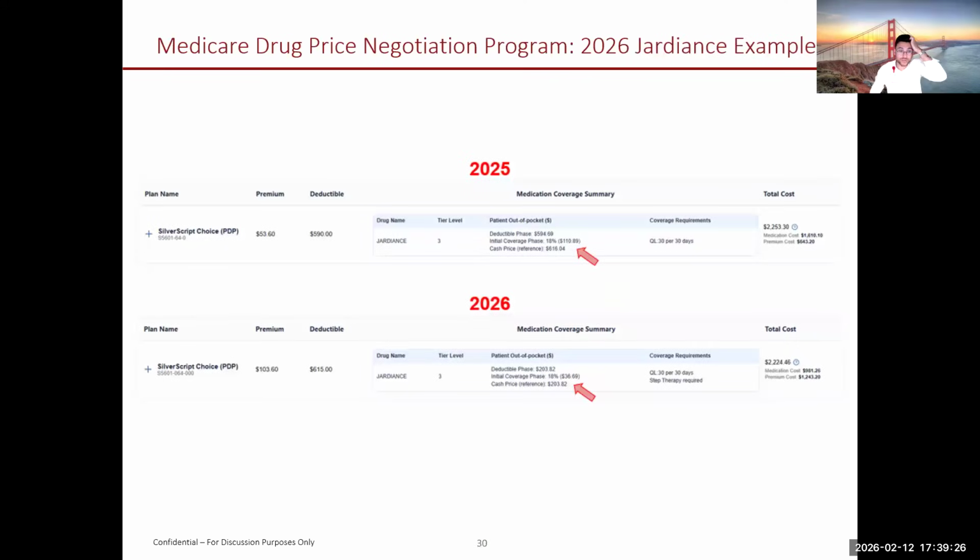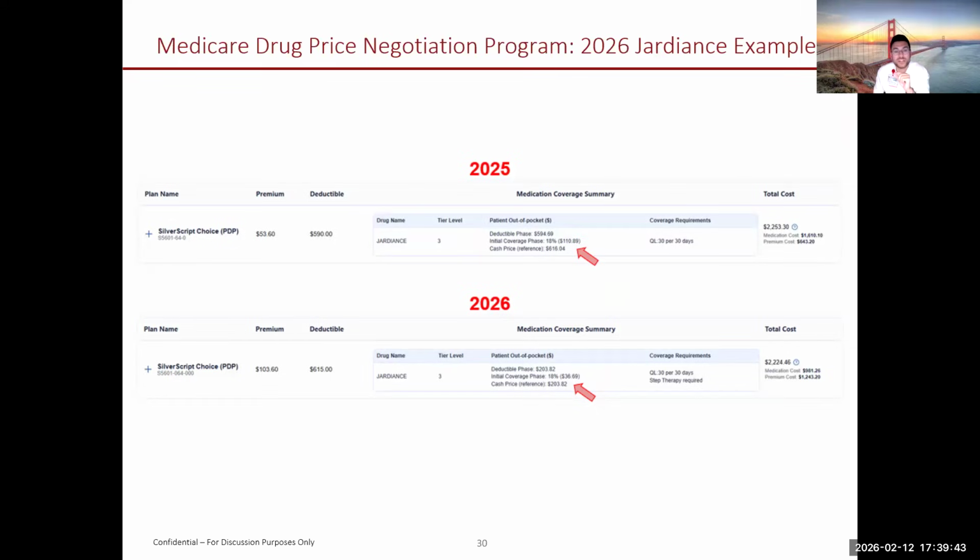So here's another way to illustrate this. Here's a SilverScript Choice plan. This is a standalone Part D Medicare plan. On top, you have a 2025 description of the plan and its coverage for Jardiance, and at the bottom, this year, 2026.